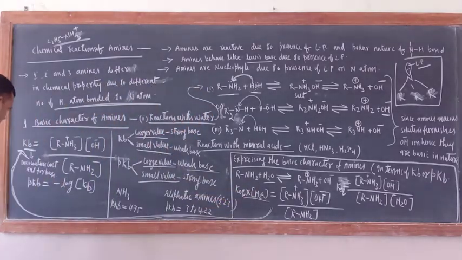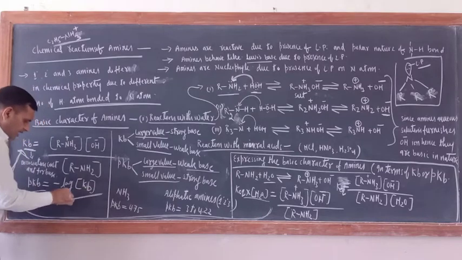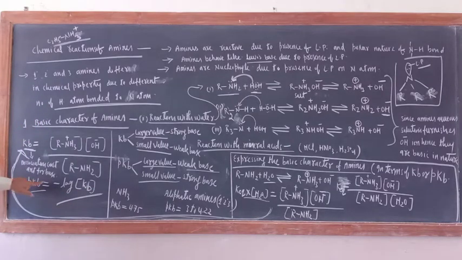Now just try to understand. There is one more dissociation constant, known as pKb. pKb equals minus log Kb. What is the relation between pKb and Kb? It is reverse. If the pKb value is more, Kb will be less.